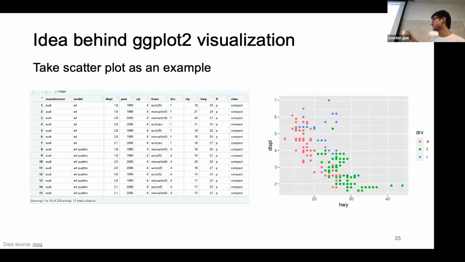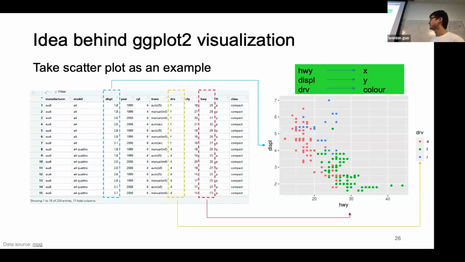And we want to get a figure like this. What we're really doing here is trying to map the variables to the visual properties. For example, we define what variable is the x-axis, what variable is the y-axis, and what variable is used to color the dots. Basically, we define some kind of mapping, like what is mapped to x, what is mapped to y, etc.